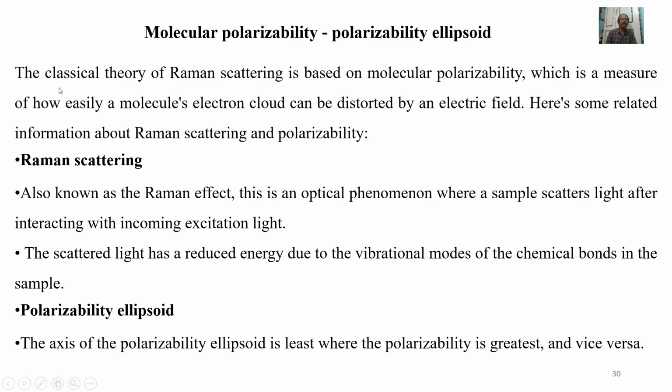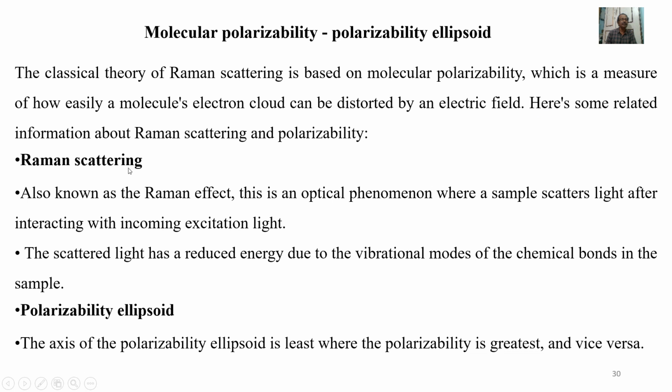Molecular polarizability ellipsoid. The classical theory of Raman scattering is based on molecular polarizability, which is a measure of how easily a molecule's electron cloud can be distorted by an electric field. Here is some related information about Raman scattering and polarizability.